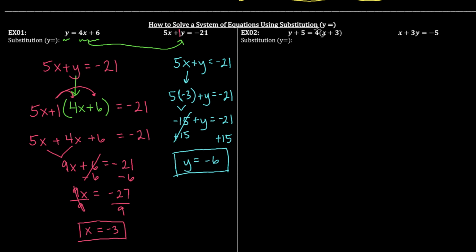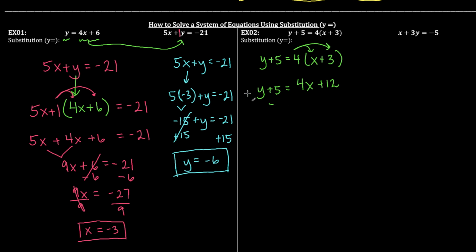So I'm just going to change this one to make it say y equals. So y plus 5 equals 4 times x plus 3. Positive times positive is a positive. So I get y plus 5 equals 4x plus 12.